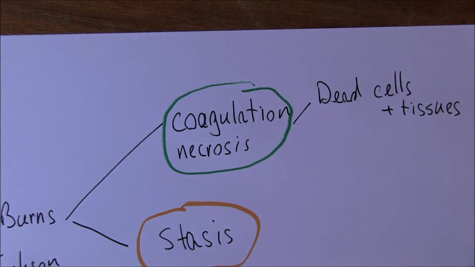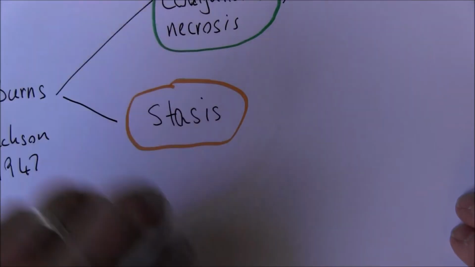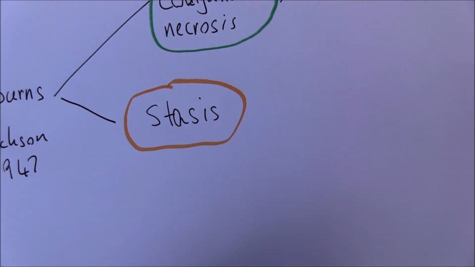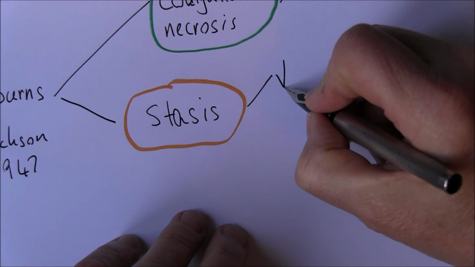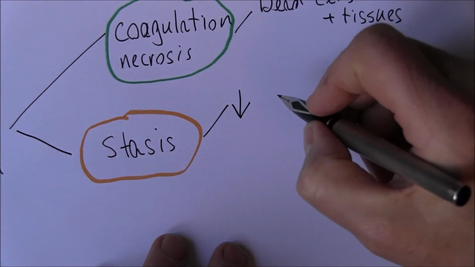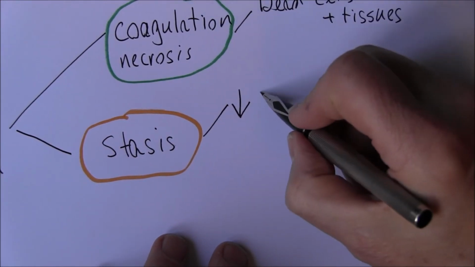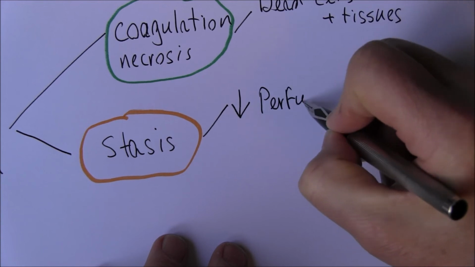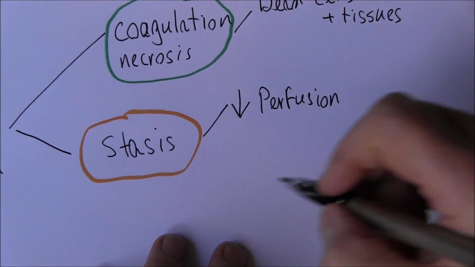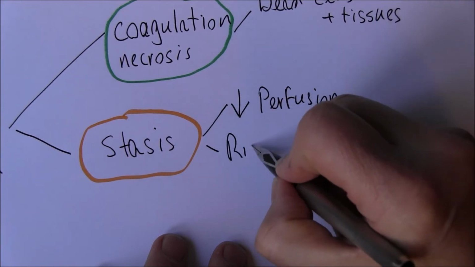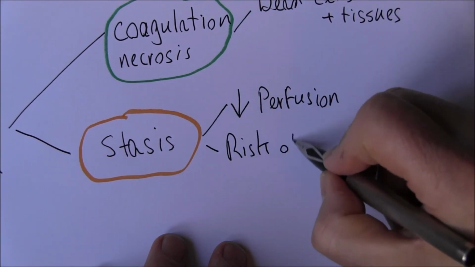Right, now this zone of stasis is kind of up for grabs, as it were, because this is an area of reduced perfusion. Not no perfusion like this, where everything's dead. There's reduced perfusion in this stasis zone, and that means there's a risk of necrosis.